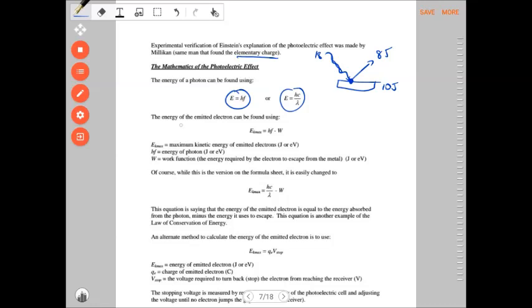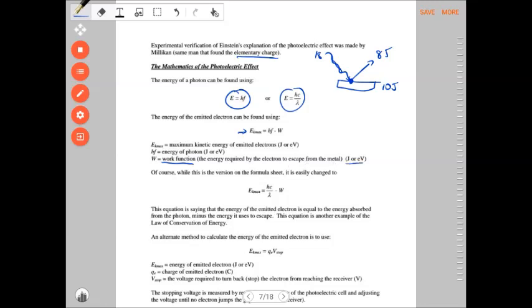The energy of the emitted electron can be found using this. The energy of the electron, EK max, the kinetic energy of this electron, is the energy coming in minus the W. W is called the work function. That is simply the energy required by the electron to escape from the metal.